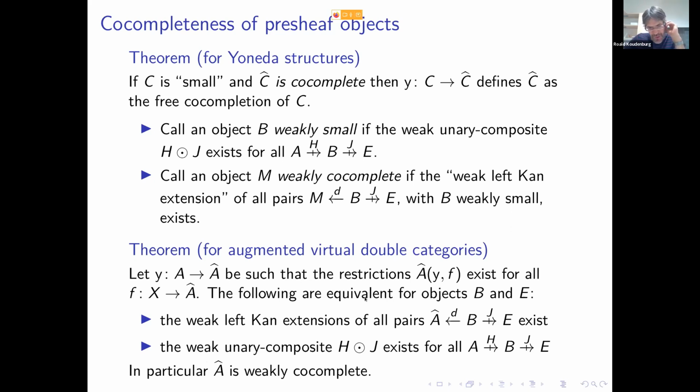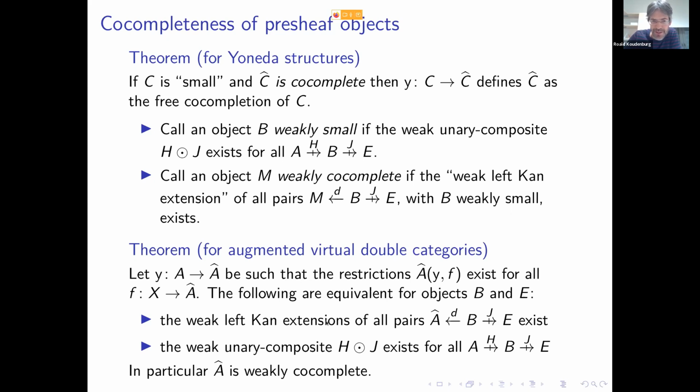So that is equivalent. Notice that this second condition, these composites existing, is implied by B being weakly small, right? So the implication from left Kan extensions to these composites gives us something of a size restriction on B. I mean, if all these composites exist, then B is weakly small.